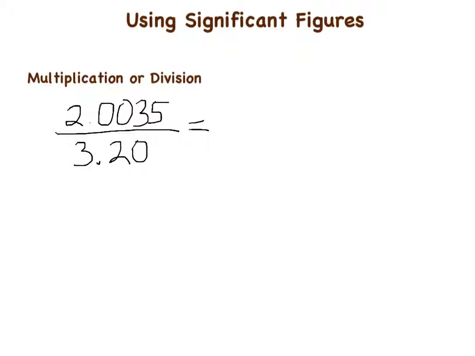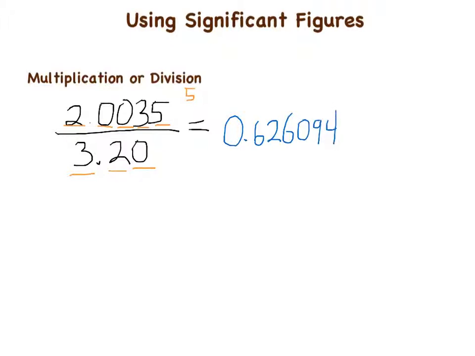So we have two numbers here, and using the rules before, we can tell that this number has 1, 2, 3, 4, 5 significant figures. So I'll put a 5 right there. This number on the bottom has 1, 2, 3. You simply plug this in your calculator, and you will get 0.626094.